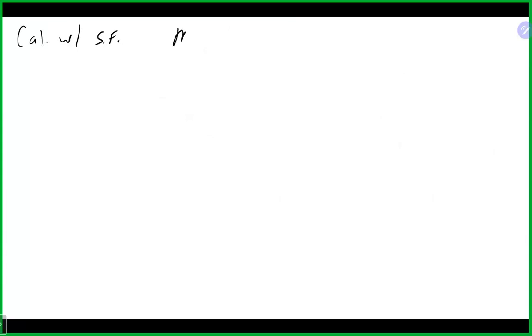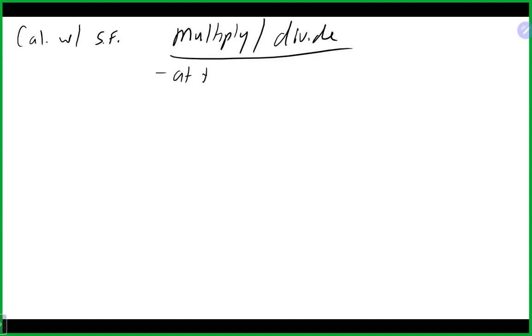We can either multiply or divide. When we're multiplying and dividing, we're looking at the number of sig figs, and the one with the least number of sig figs is what your answer should have.